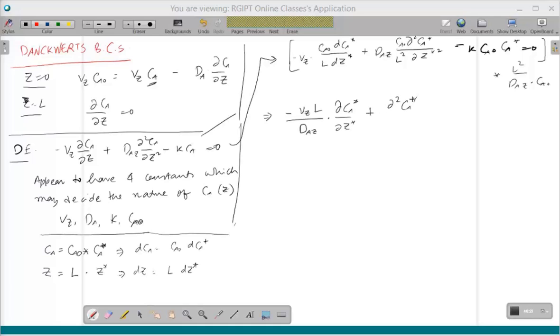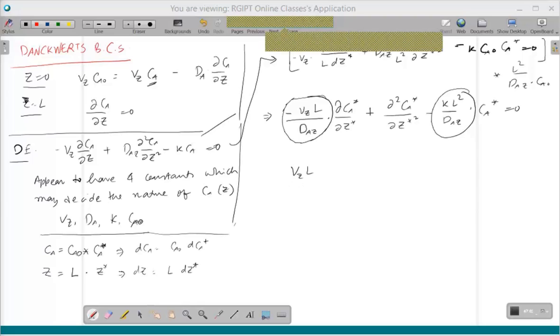L square C star divided by Z star square minus here C naught cancels out, L square by dz. Now I can identify two constants. This entire thing, this entire thing. Okay. So VZL by dz.